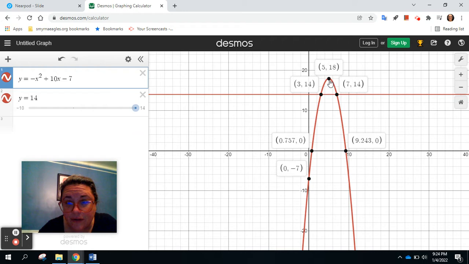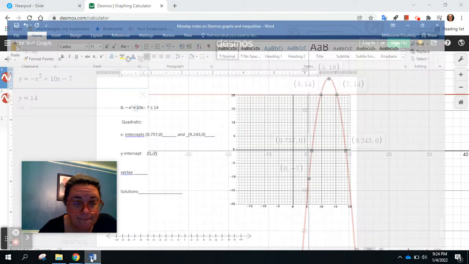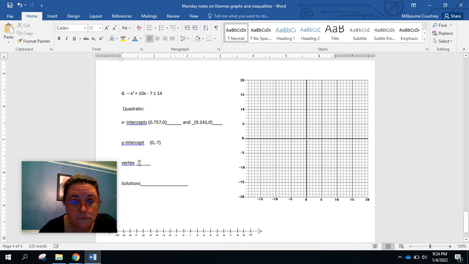Our vertex is at the very top. Again, this is a maximum. It's at 5, comma 18. Okay. And now what we're going to do is we're going to plot. All right. Sorry, I'm just cleaning this up a little bit. It's a little messy.